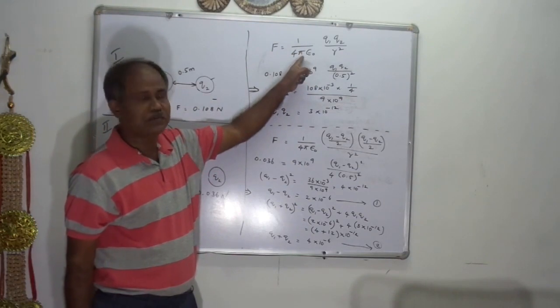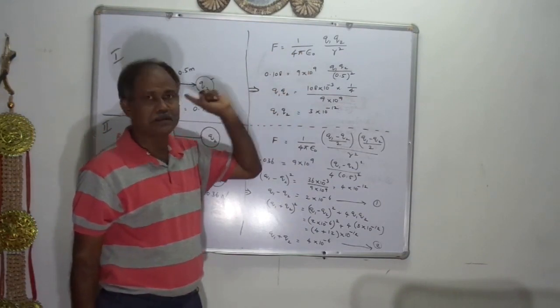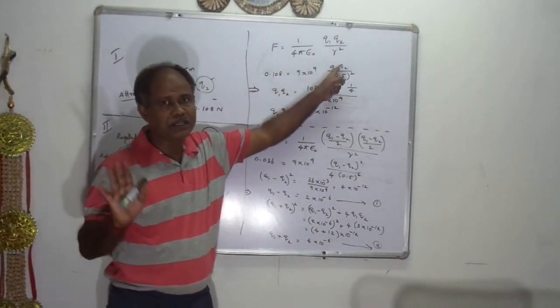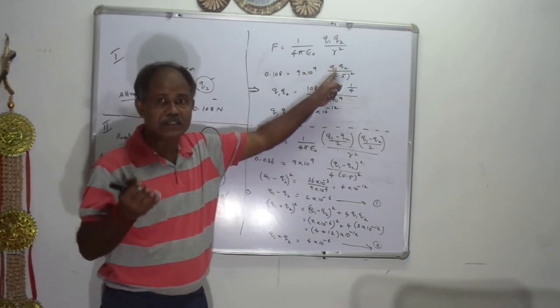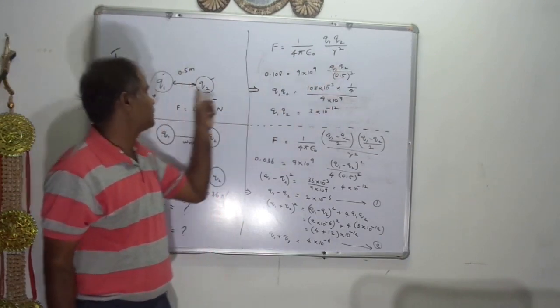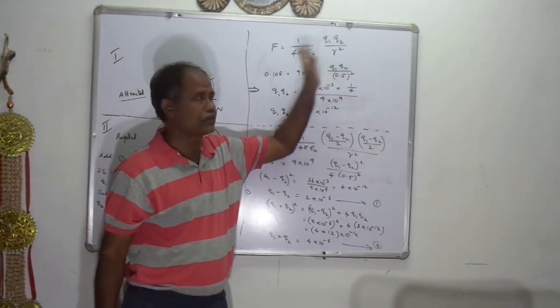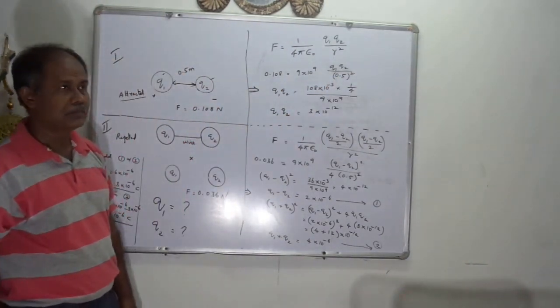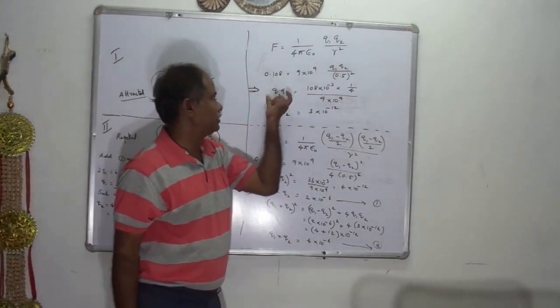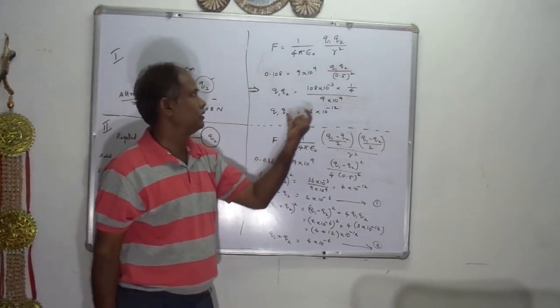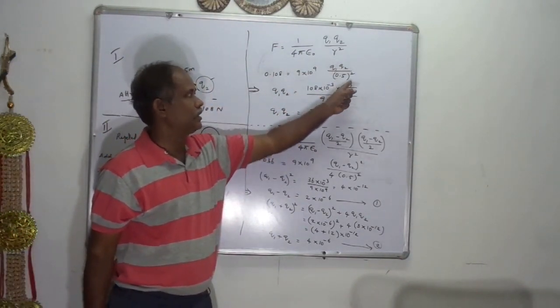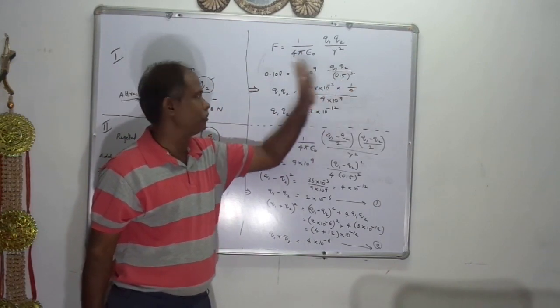1 by 4 pi epsilon, you know the value, is 9 into 10 power 9. Q1 Q2, let it be as it is, since we are going to find this value. The distance of separation is given, that is 0.5 square. 0.5 is nothing but 1 by 2, whole square, that is 1 by 4.